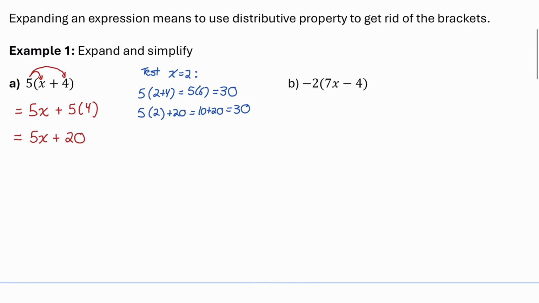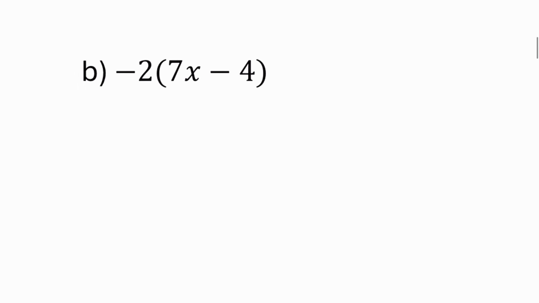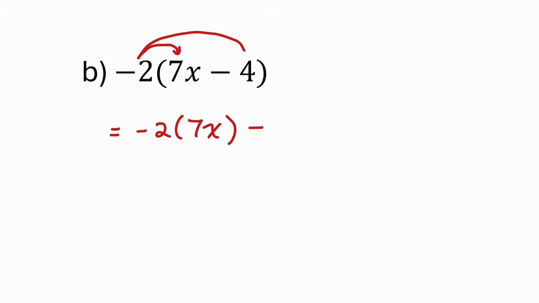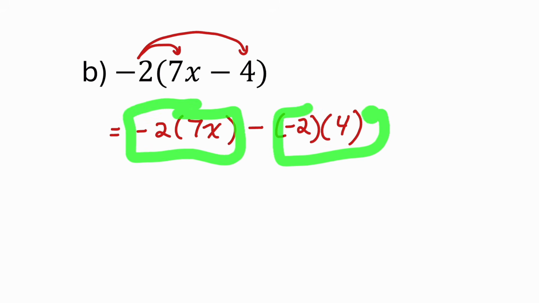Now let's go ahead and move on to part B, where once again, I have a monomial times a binomial. So this negative 2 has to be multiplied by both of the terms in the binomial. I'll have to do negative 2 times 7x, and then I keep the operation, so minus, and then I do the negative 2 times the 4. And now simplifying this expression, I can simplify both of these products.